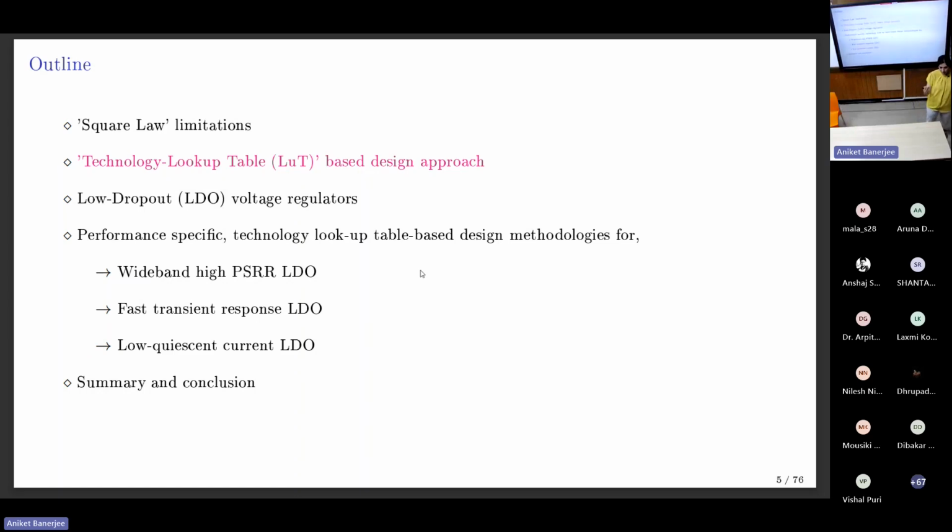Square law model was an abstraction, which we simplified a lot. Let me not simplify that much. And let's see what I can do by first sitting with the transistor. I love saying this a lot, that before designing any circuit, forget about anything. You get a new technology, you sit with the FETs or you sit with all the devices which are there, characterize them properly, and then start designing.